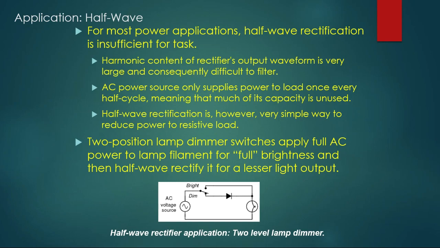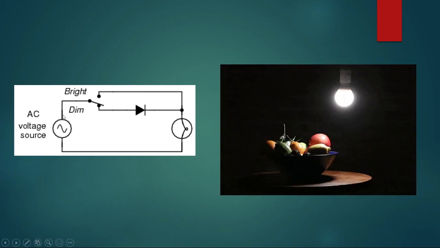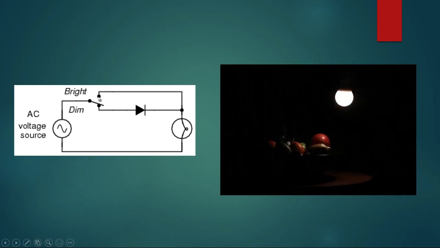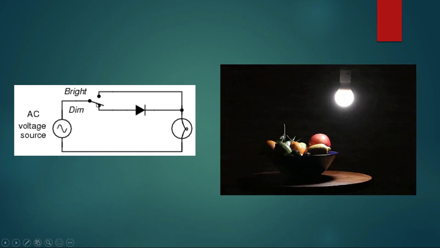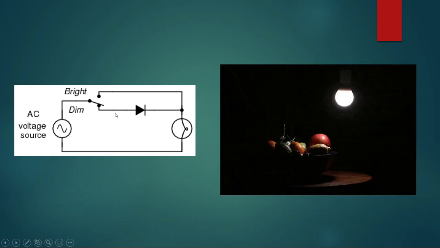One such application is the 2-level lamp dimmer. A 2-level lamp dimmer means we can choose the intensity of the lamp. Either we want it more bright or less bright. Let us see how it happens. When we have an AC voltage signal, it is connected with a switch, and that switch can be connected to a bulb either by using a diode or directly.